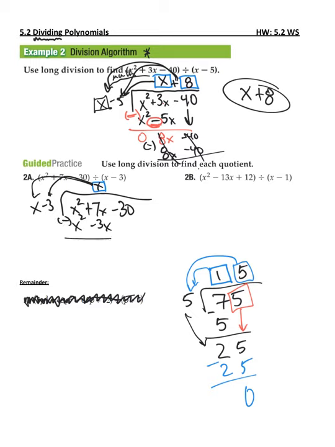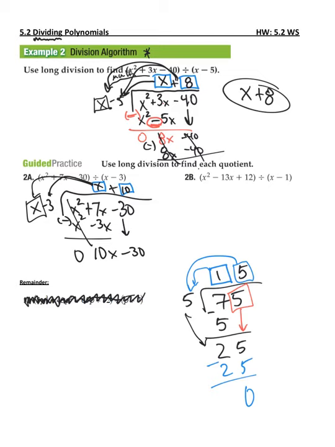Subtracting, x squared minus x squared is 0. 7x minus negative 3x is a positive 10x. Bring down our negative 30. x times what is going to give me 10x? x times positive 10.